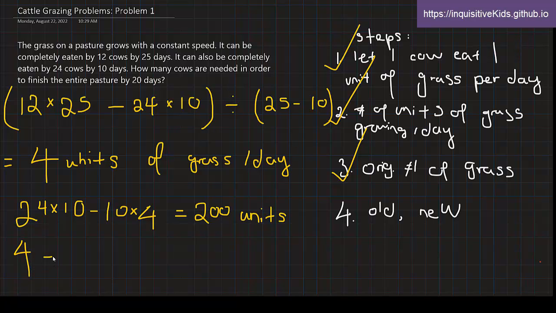And then we add the old part: the original amount of grass, 200, which we have to divide by 20, because we want to finish it in 20 days. So 200 divided by 20 is 10, and adding that to 4, we get 14. So our final answer is 14 cows.